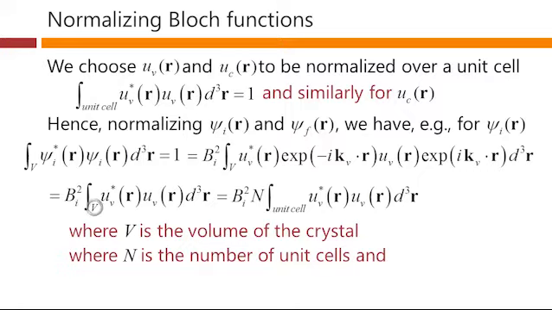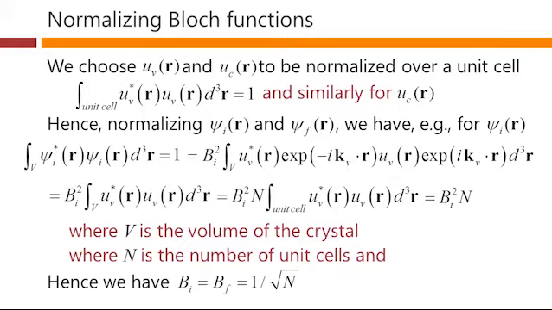So the total crystal volume is N times the unit cell volume, and we know the answer to this integral by definition for any given unit cell. And we chose that to be 1. And so this normalization integral, with our choice for the unit cell function normalization, is just Bi squared times N. And hence this normalization constant, Bi, is 1 over root N, or we can choose it to be 1 over root N.